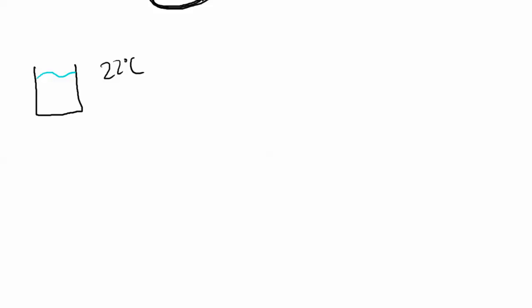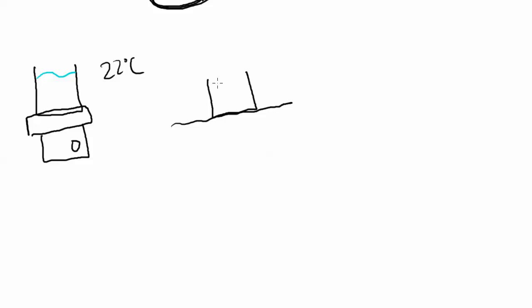We put it on a hot plate and we heat the water up. And then we take the water and we just set it on a table. So now we have some hot water and it's just sitting on a table.